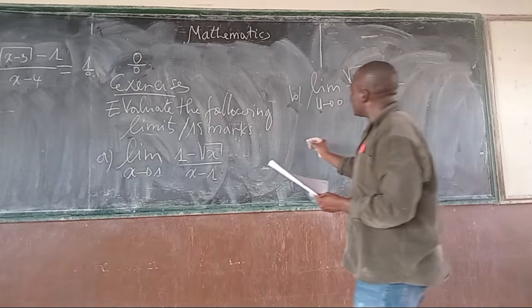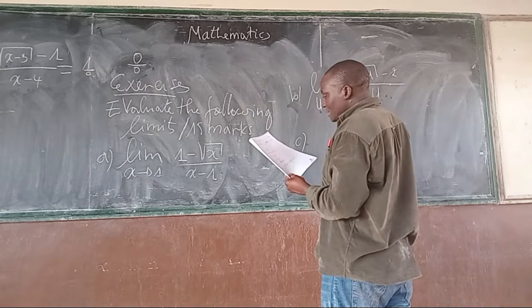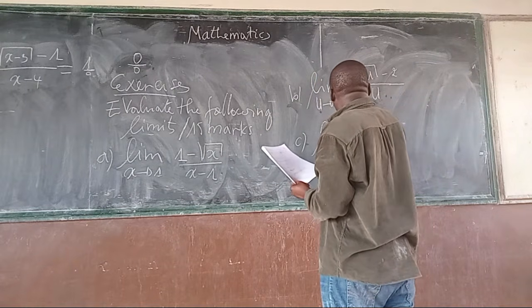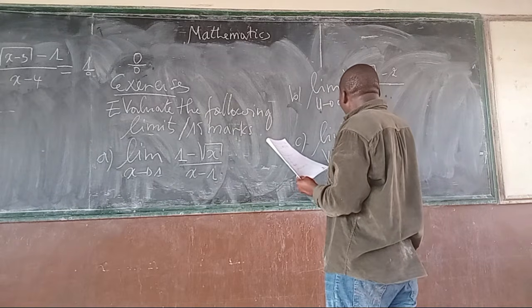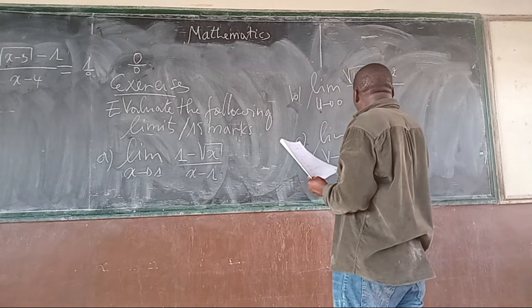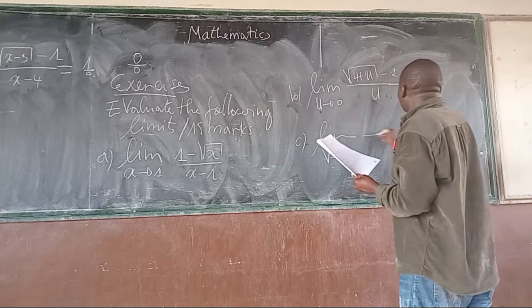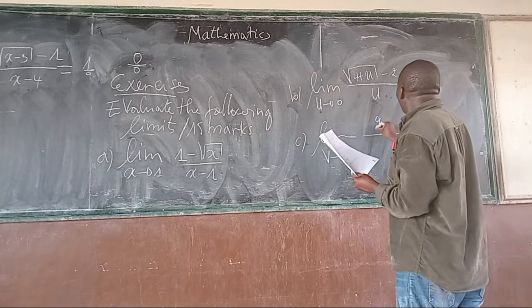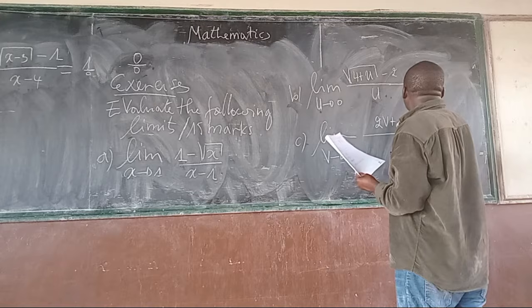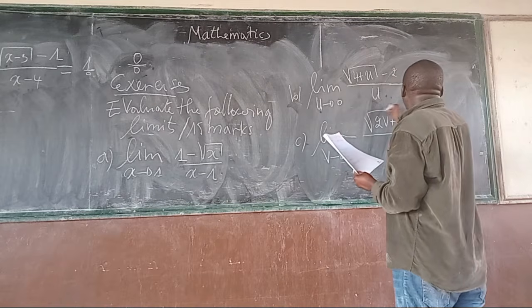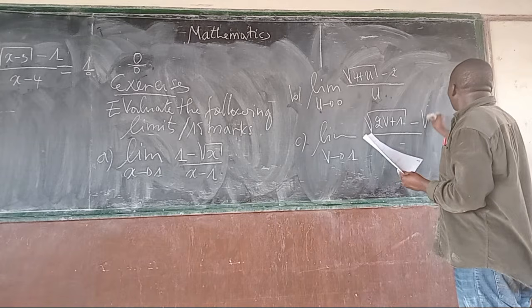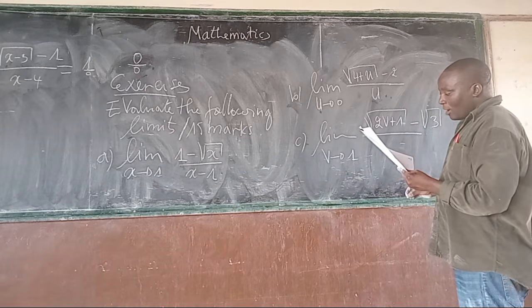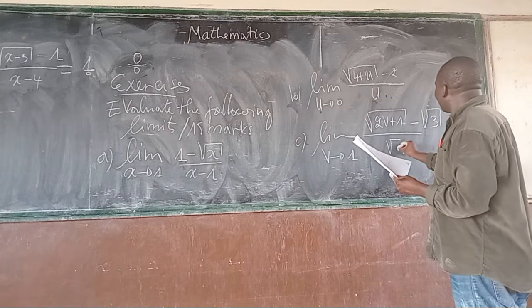Then number C, we have a limit where v, again I use a variable v, where v approaches 1 of this function. We have square root of 2v positive 1, then negative square root of 3, both out of v negative 1.